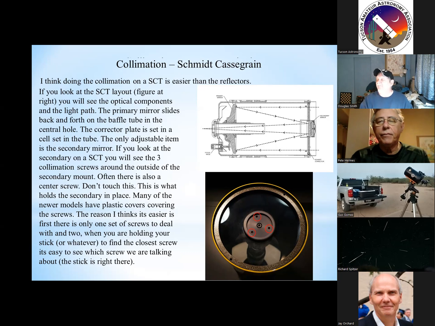Back in the old days, you also had another problem. 30, 40 years ago, Celestron's main mirrors would be ground to like plus or minus 1/10 wave. And then the secondary mirror, they would grind in such a way that bumps or pits in the main mirror would be countered by a similar bump or pit on the secondary mirror.